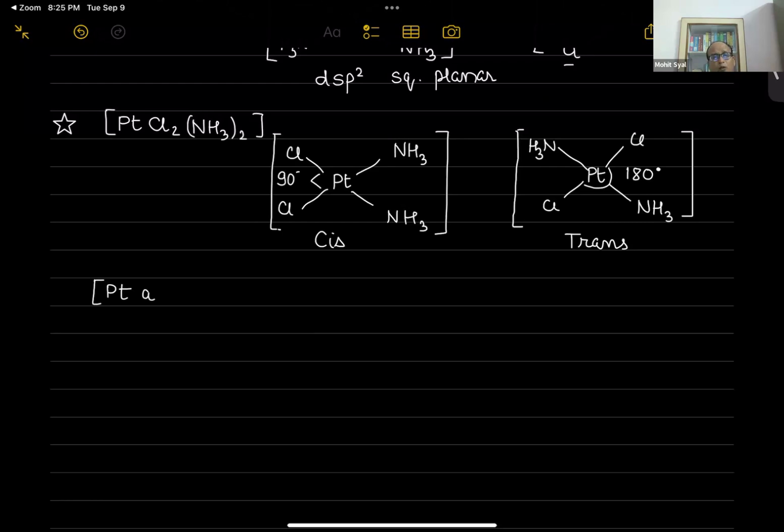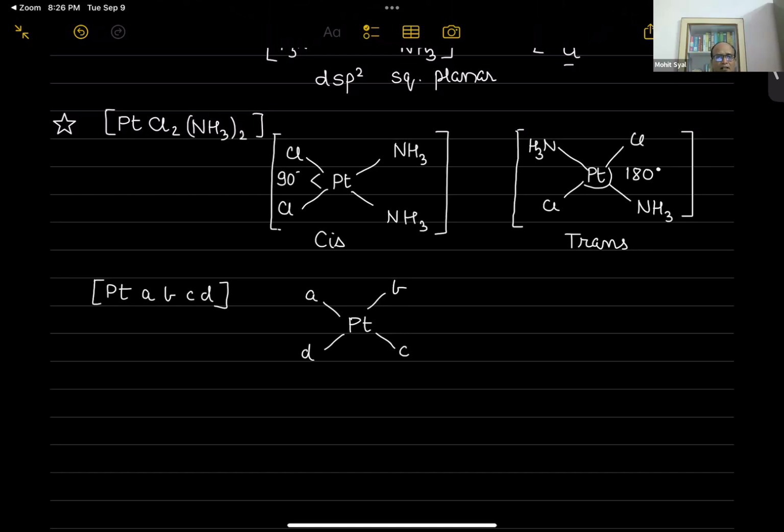For the sake of ease, instead of writing the actual formulas, I will write just a, b, c, d. Small letters represent different ligands. So for example, this is one of the complexes: a, b, c, and d.